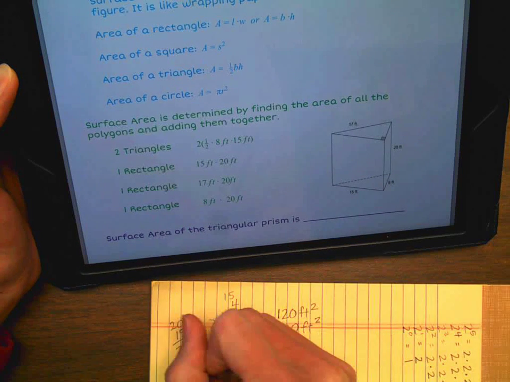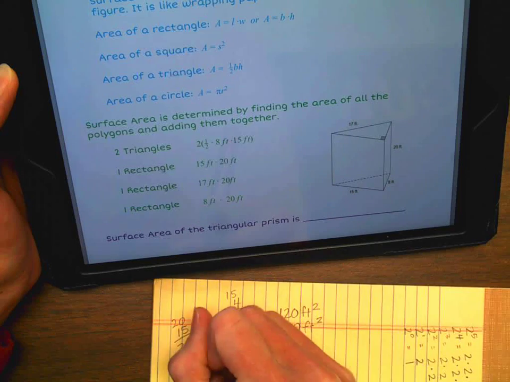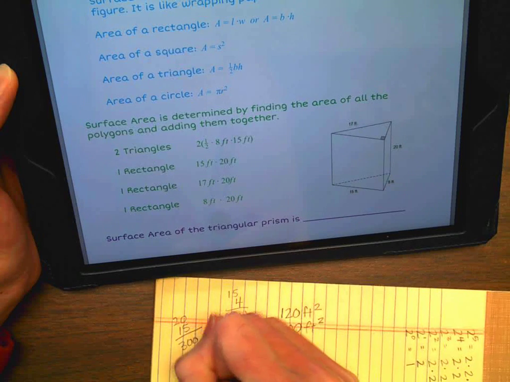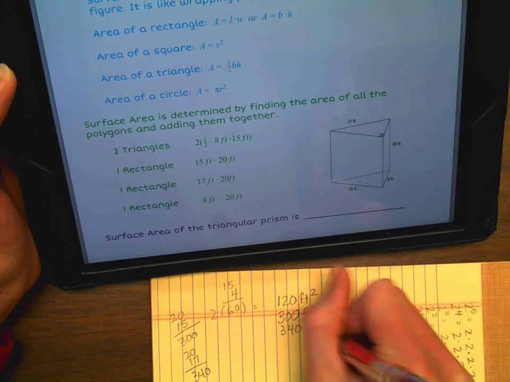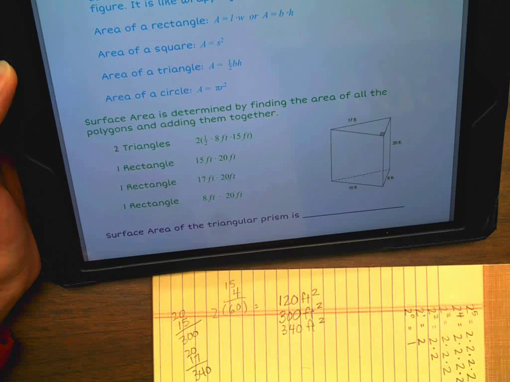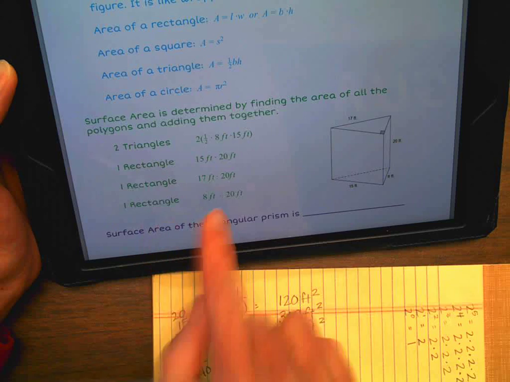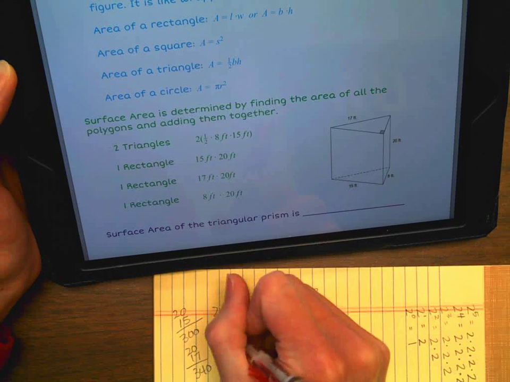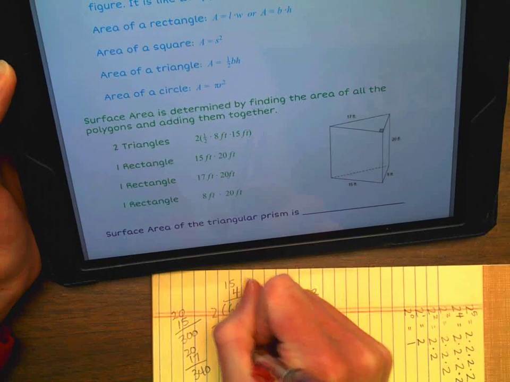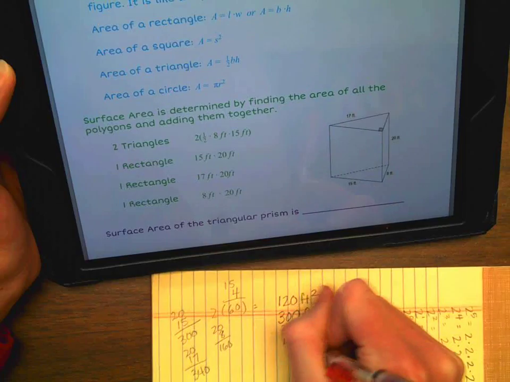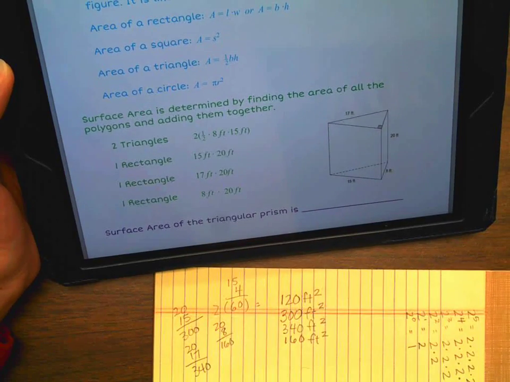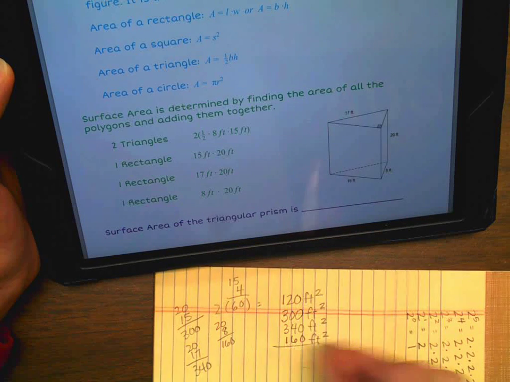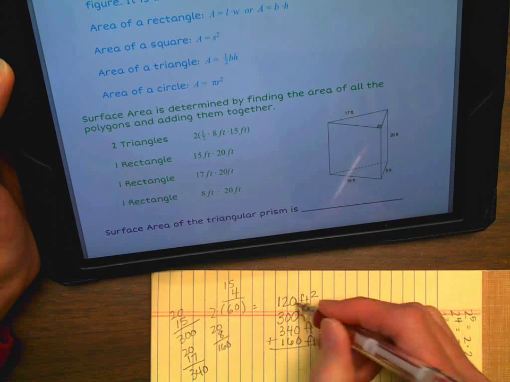All right, now it says 17 times 20, and I know that 17 times 20 is 340 feet squared, so I have 340 feet squared. And then I have one more rectangle, 8 by 20, and I know that 8 times 20 is 160, so we now have all of the areas of the different faces that are available, and we're supposed to add them together.